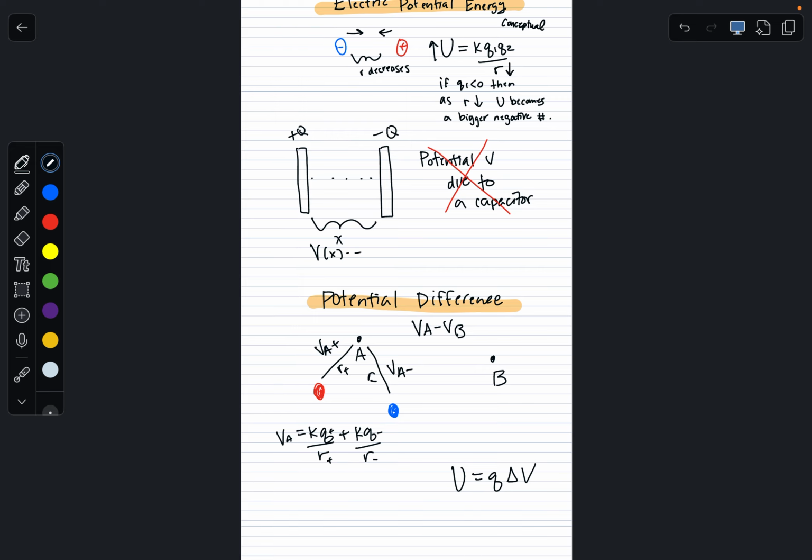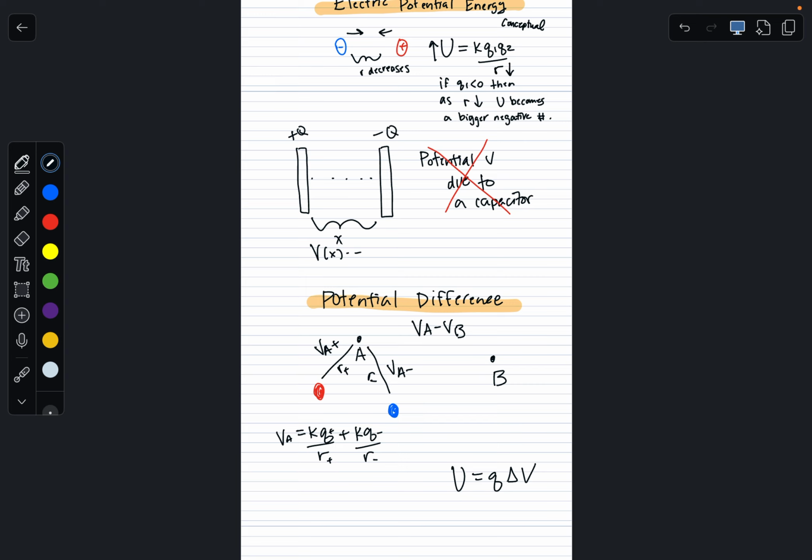The units of electric field are either volts over meter, or newtons over coulomb, which comes from F over Q. The newtons per coulomb is more about when you're talking about forces, and the volts per meter is when you're talking about electric fields and potential differences.